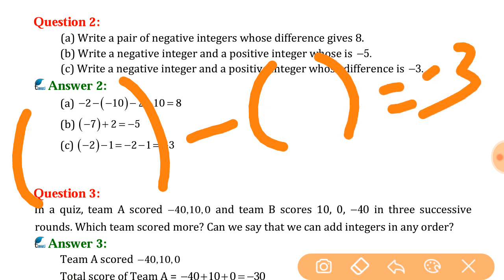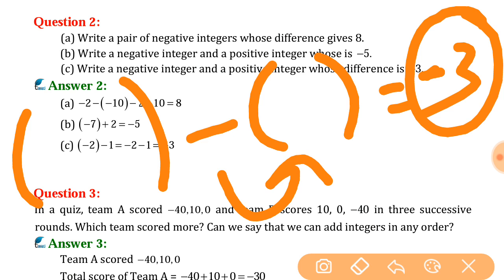Because of this minus, the sign of the integer will change, plus to minus, minus to plus. If this is a smaller number or it is negative, the bigger numeral should be negative. Keep it in mind, the bigger numeral should always be negative.